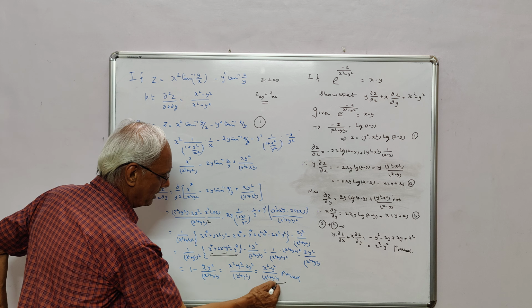Now, given e to the power of minus z divided by x square minus y square, you take log on both sides. Actually, if you have e to the power of x is equal to y, this implies x log of e is equal to log y.